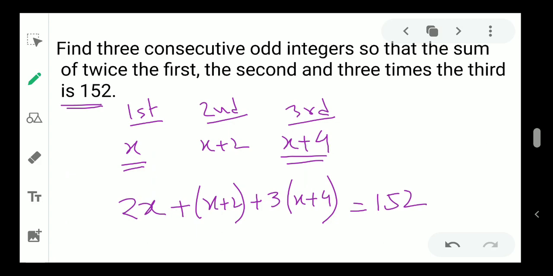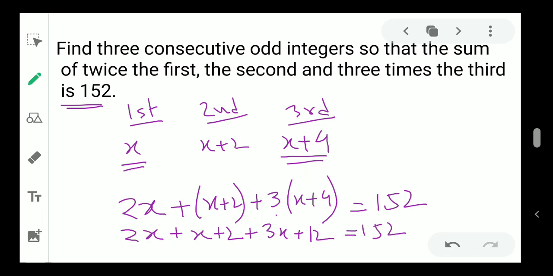So now it's easy. You have to just do calculation, that is x plus 2, I'm removing bracket, this will be 3 into x plus 3 4s are 12, right? So you have to multiply it with both terms, that is 152.